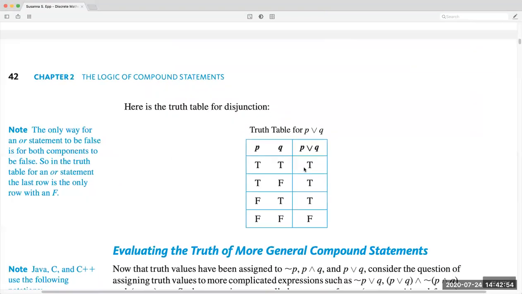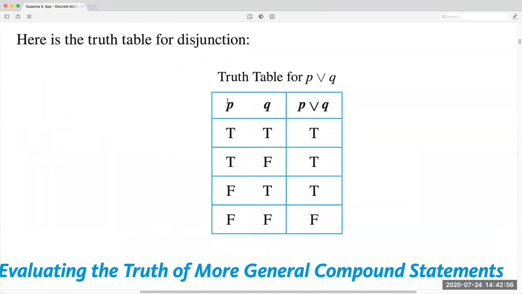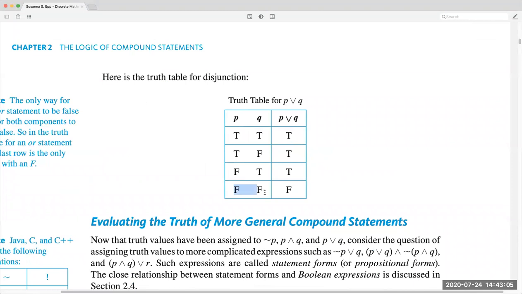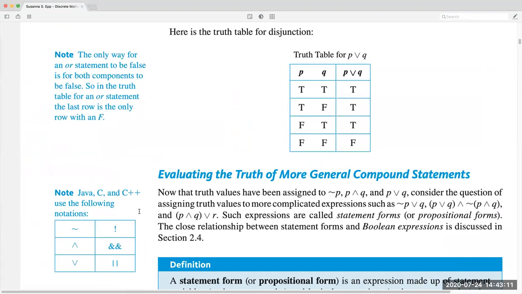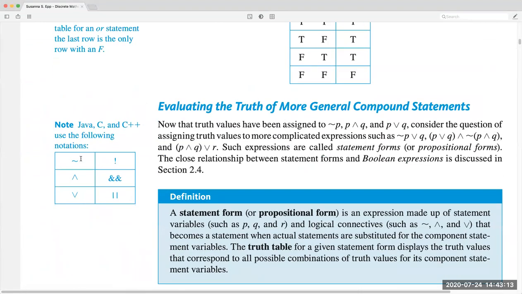For P or Q, if either one of them is true, then the statement is true. If both of them are false, then it is false. That's it. In C programming, they use this kind of notation in the program.